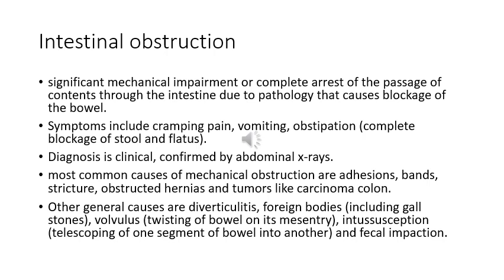Then obstructed hernias, and tumors like carcinoma of the colon. All these are the reasons. Other general causes include diverticulitis. Diverticulitis is the formation of sac-like outpouchings in the wall of the intestine, which leads to obstruction of the intestine. Then foreign bodies like gallstones get collected in the intestines and block the intestine.